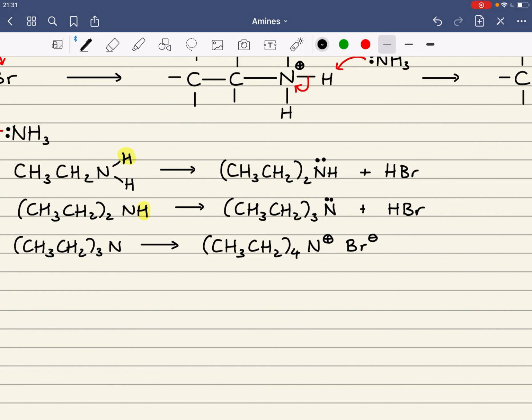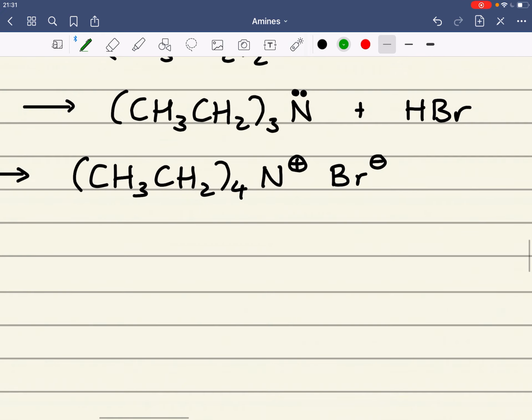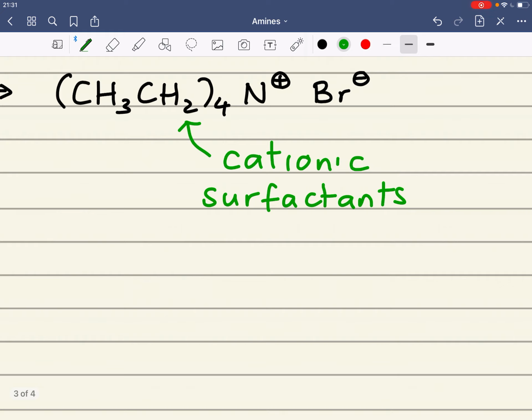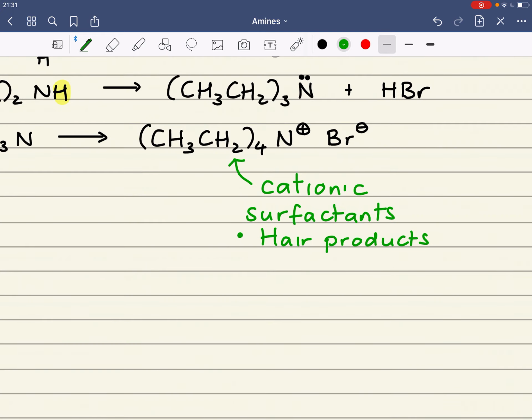So this here would be called tetraethyl ammonium bromide. And these are quite useful because these are what we call cationic surfactants. And these cationic surfactants can be used, for example, in hair products, which is one of the uses that you need to be aware of.